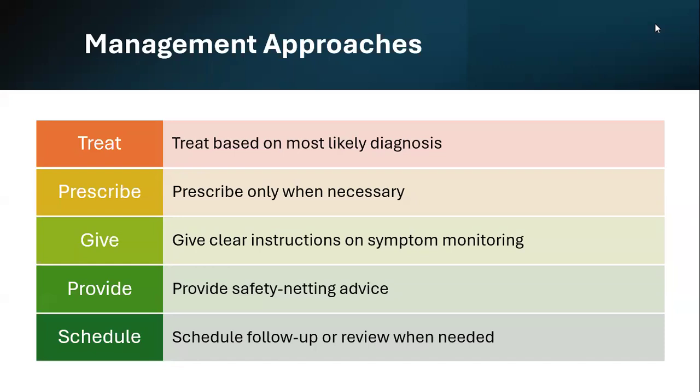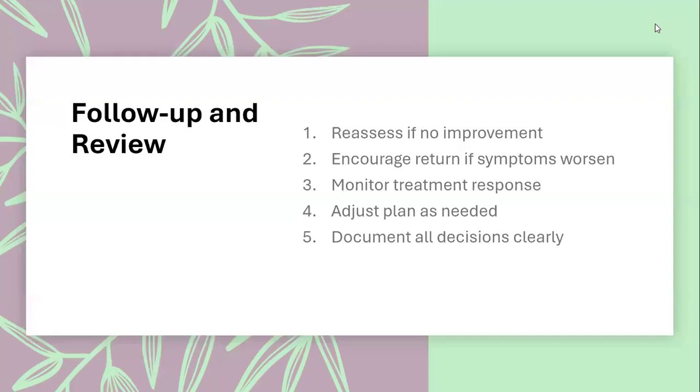And also you should provide safety netting advice, which is very vital when it comes to acute illness management. And you should schedule a follow-up or review when needed. So you should treat, prescribe if necessary, give clear instructions, provide safety netting, and schedule a follow-up review when needed. It's very vital when it comes to management of an acute illness.